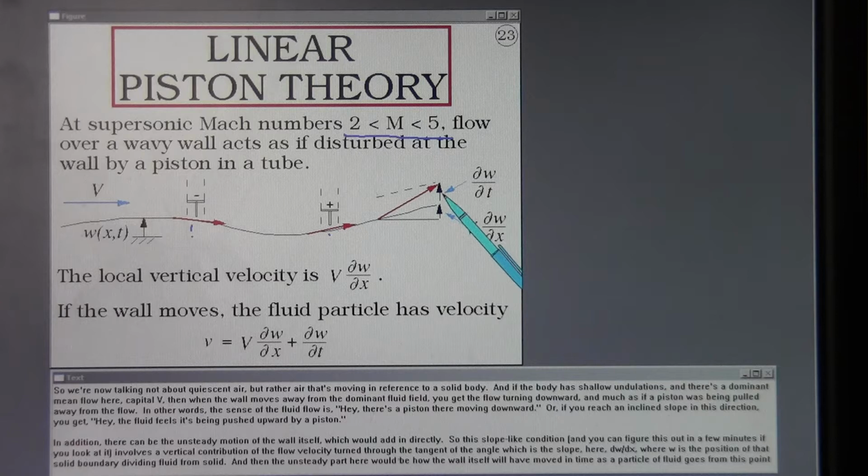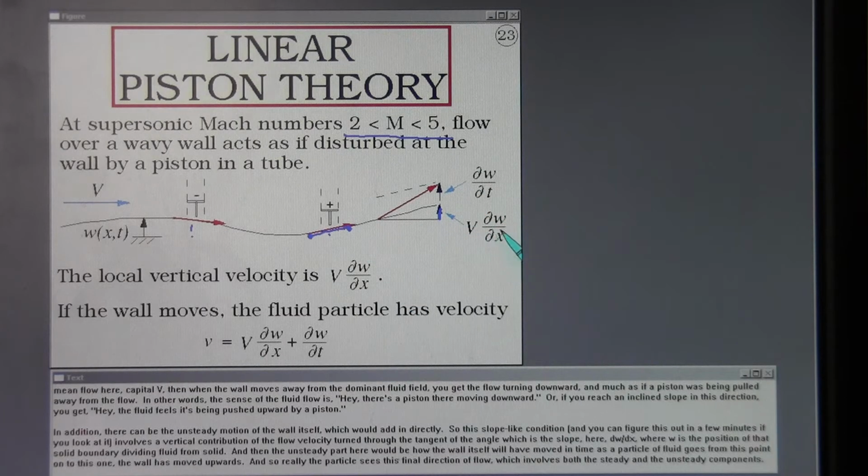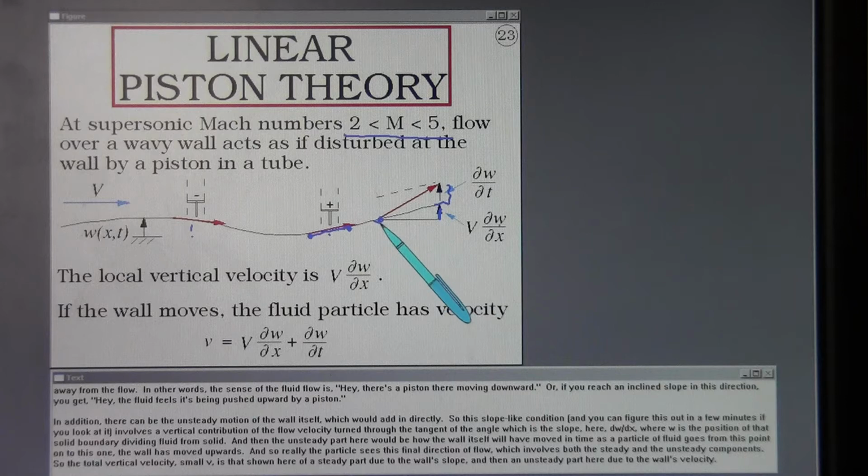So this slope-like condition, and you can figure this out in a few minutes if you look at it, involves a vertical contribution of the flow velocity turned through the tangent of the angle, which is the slope here, dw/dx, where w is the position of that solid boundary dividing fluid from solid. And then the unsteady part here would be how the wall itself will have moved in time as a particle of fluid goes from this point on to this one.